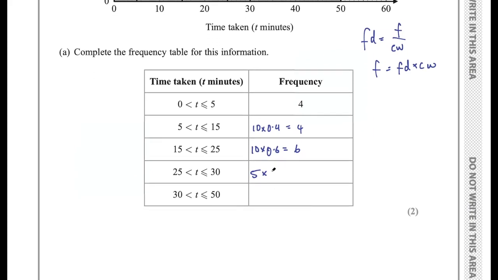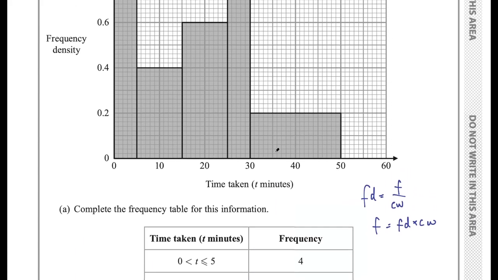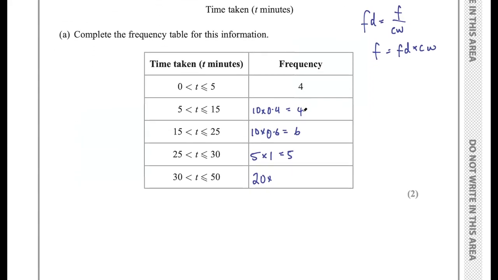So 5 times 1 is 5, and then 30 to 50, that class width is 20, and the frequency density is 0.2. So 20 times 0.2, that is 4 again. So these are our frequencies: 4, 4, 6, 5, and 4.